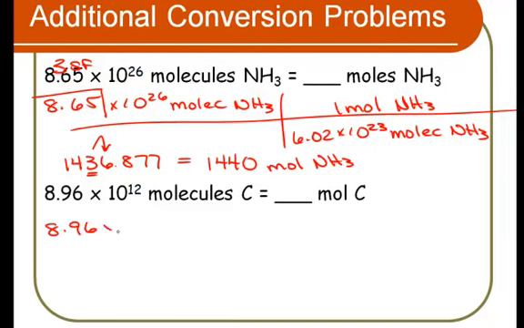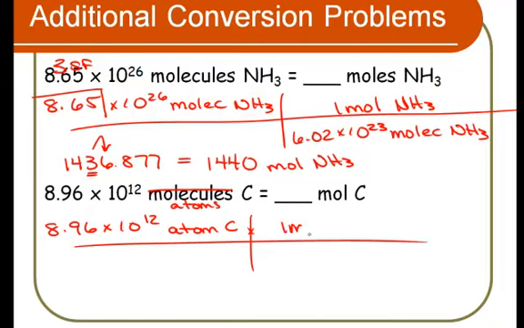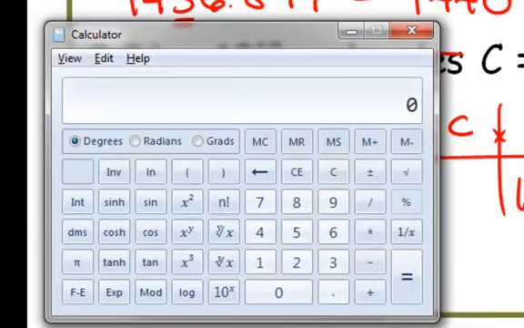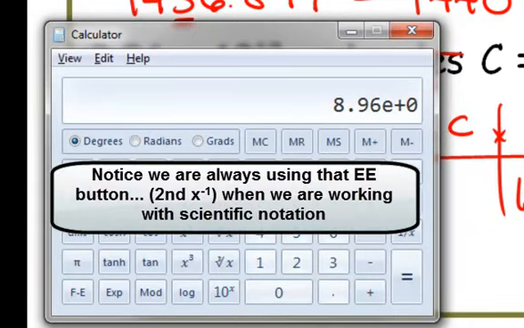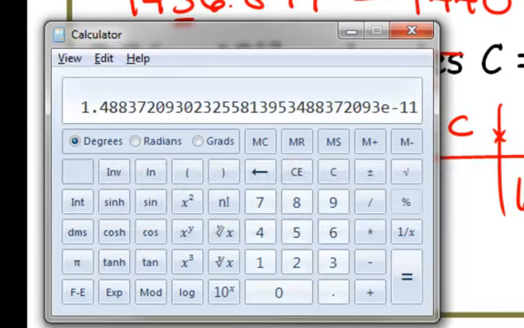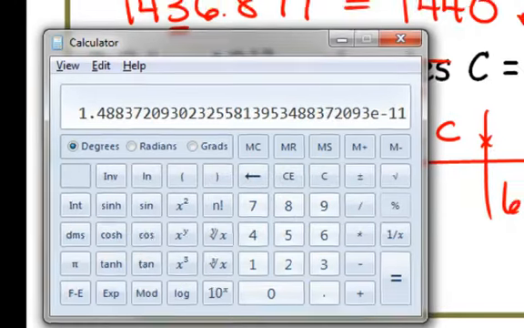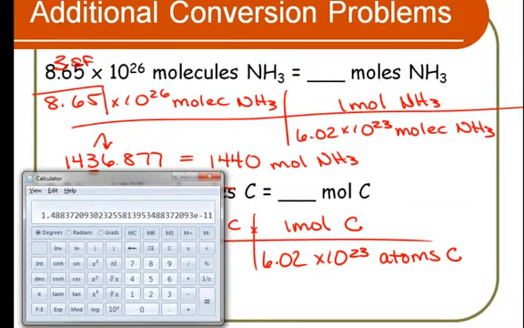8.96 times 10 to the 12th molecules of carbon. Actually, this should be atoms. I apologize for that. So we want moles, so 1 mole will go on the top, and we want 6.02 times 10 to the 23rd atoms of carbon on the bottom. 8.96 times 10 to the 12th times 1 divided by 6.02 times 10 to the 23rd gives us 1.488 times 10 to the negative 11th.